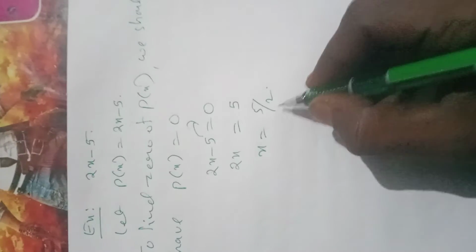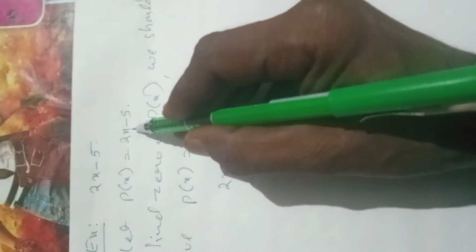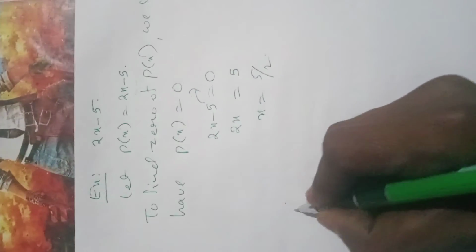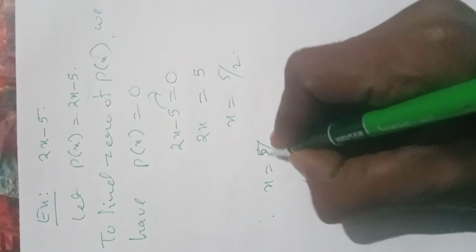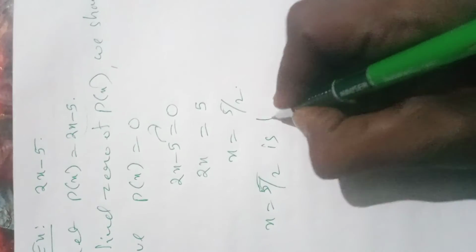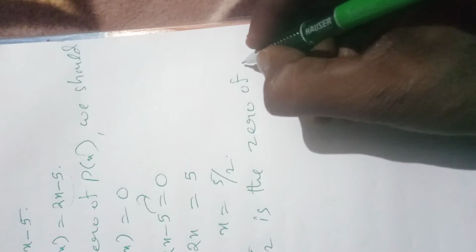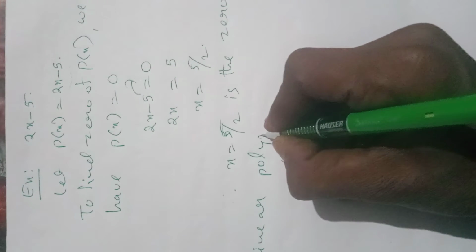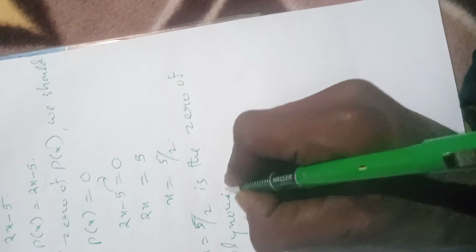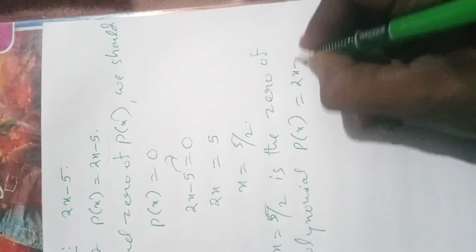So here, whatever the value of x obtained, that is the 0 of this given polynomial. So we can write, therefore, x equal to 5 by 2 is the 0 of the linear polynomial p of x equal to 2x minus 5.